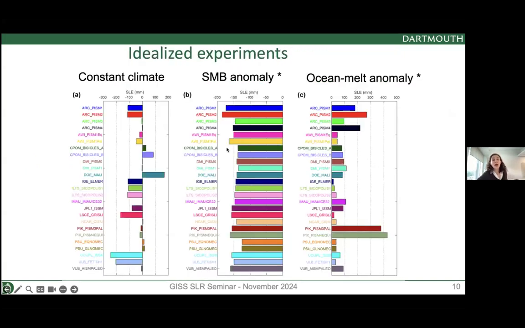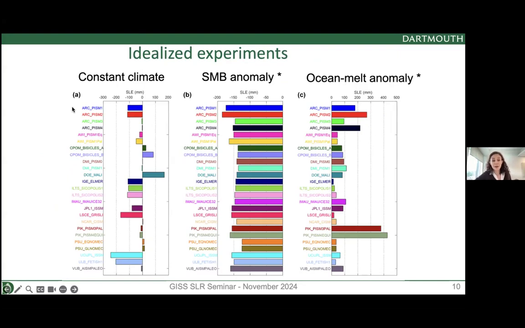And then we want to see how they are going to evolve in the future, because it's not just about capturing today's conditions, it's also about being able to project changes. And so the first experiment here on the left shows what happens if you apply constant climate conditions similar to today over the next 100 years.